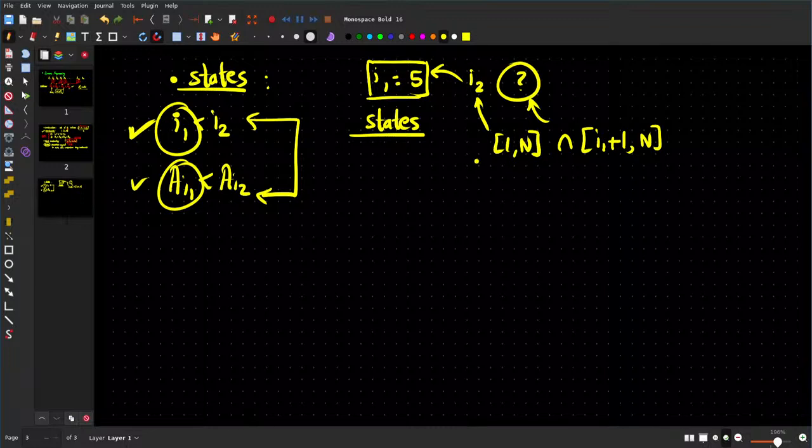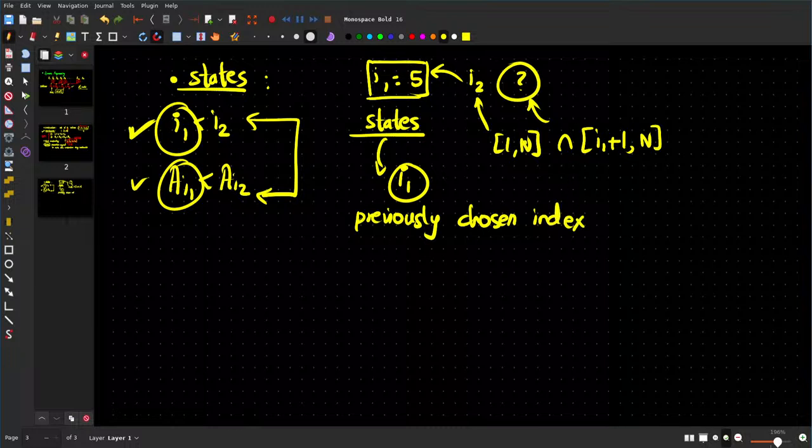Now based on this condition, if you know that the state has I1 which was previously chosen index, then I2 can search or try values in this range. So keeping the state helps us to figure out or to initialize valid possibilities for any index.